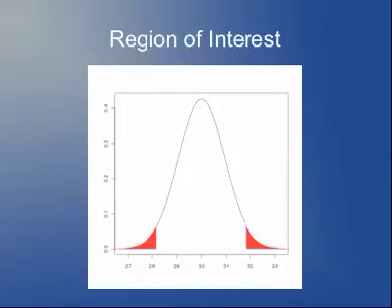If we were using alpha equal to 0.05, which means that we're looking at occurrences that would happen 5% of the time, we would split that probability so that 2.5% of the curve is in the right red area and 2.5% is in the left red area. And I'll show you how you can use R to do that.